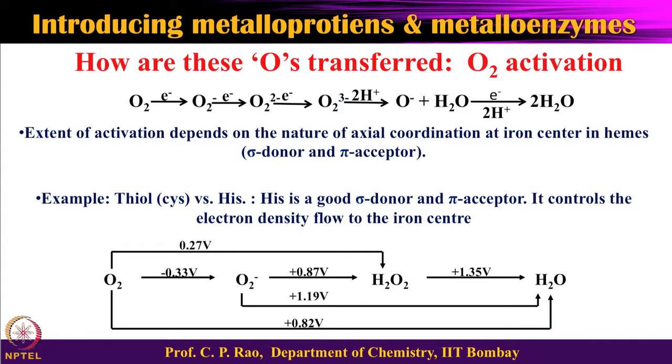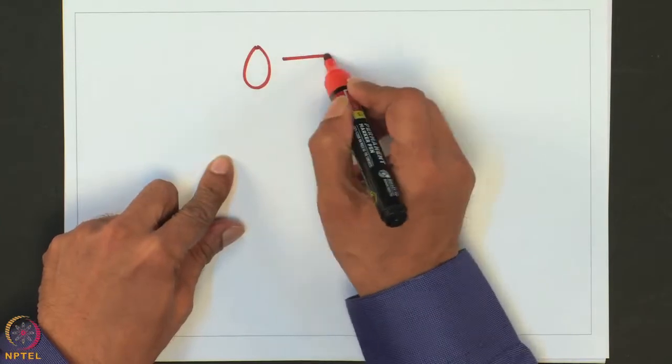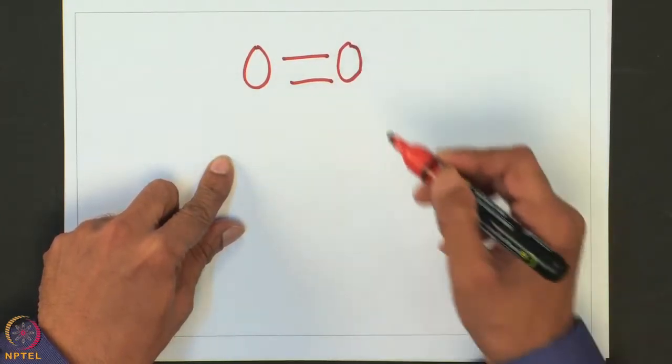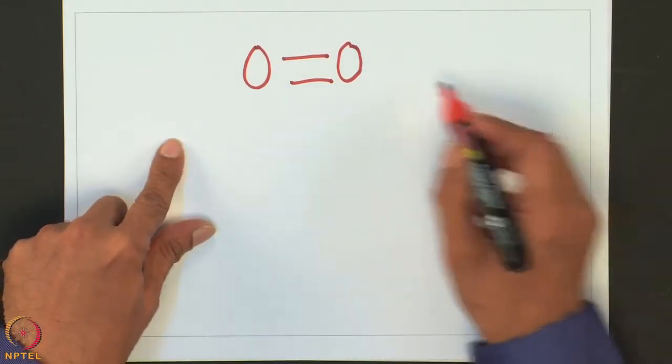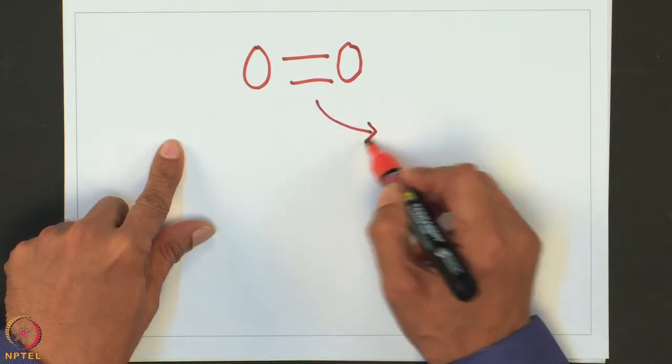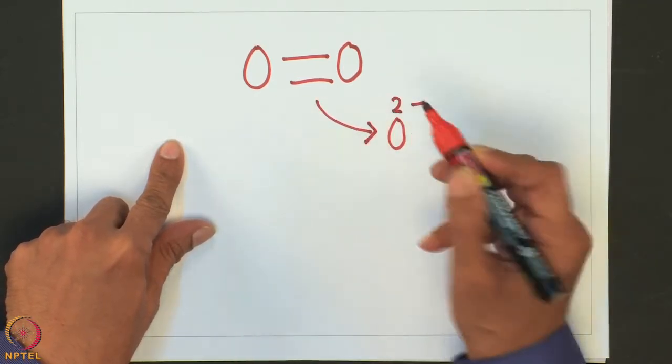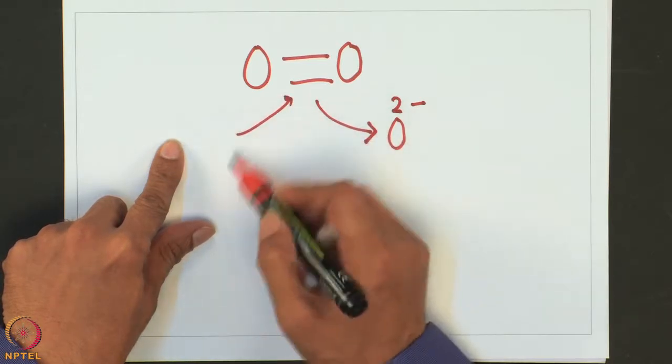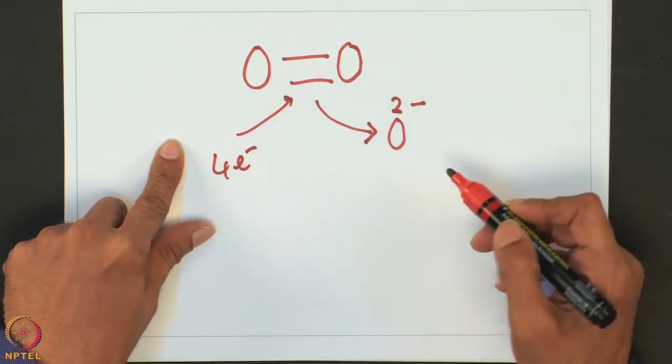See, why is O required? How can you get O out of the O2? So, O2 is a diatomic molecule with a double bond. If we want to get from this to O2-, obviously you have to pump 4 electrons inside.